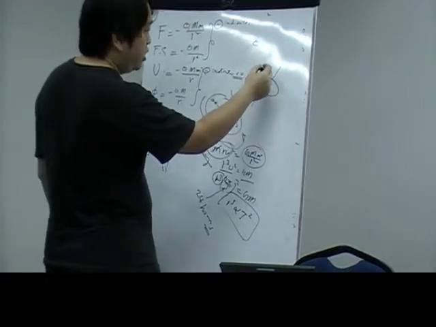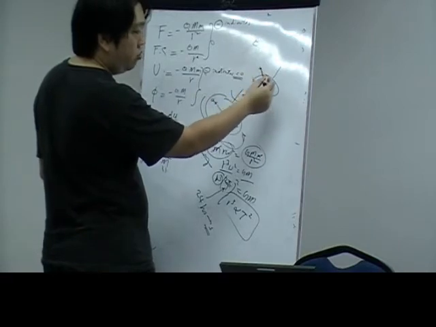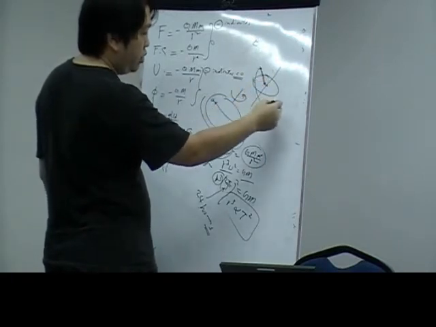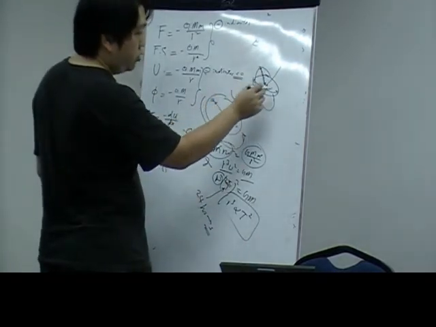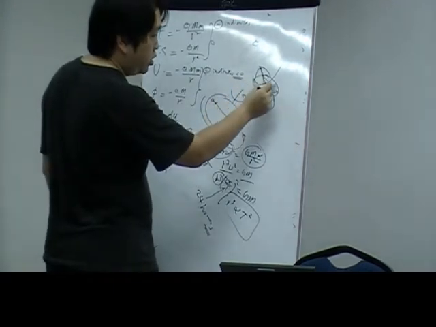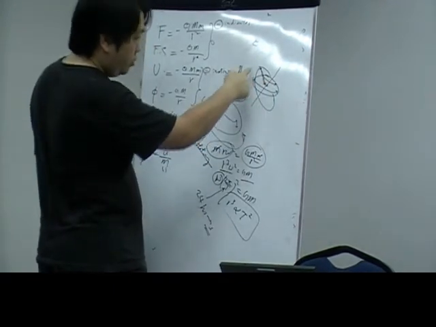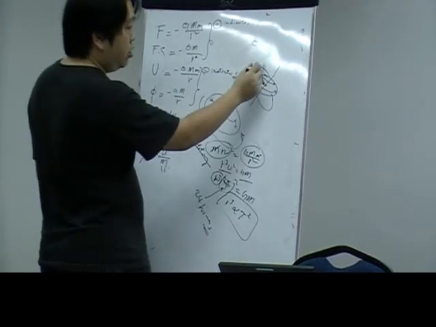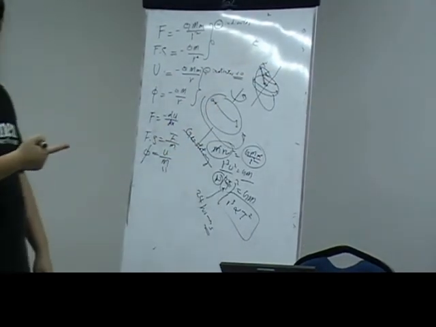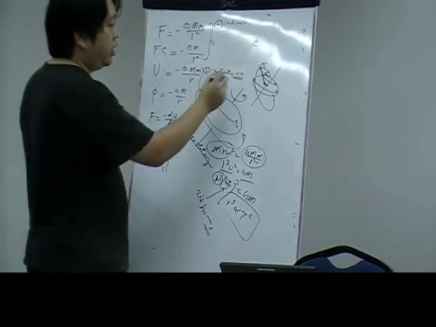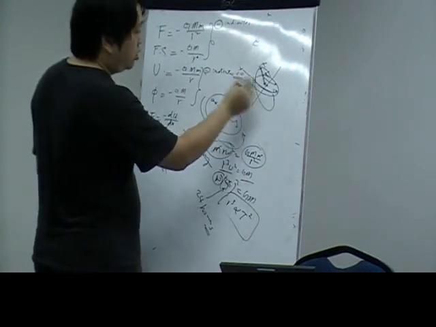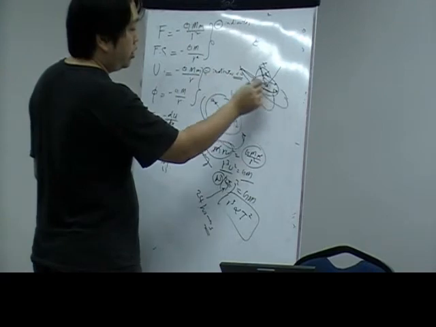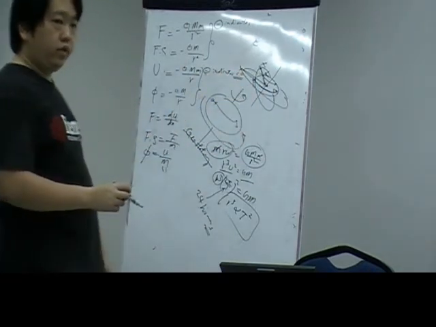So if the gravitational force equals the centripetal force, the rotation of this object will be in this way, which is not along the direction of the Earth's rotation. The country rotates in this way, but my object rotates in that way. Therefore it cannot be geostationary. The only possible geostationary object is one on the equator: the country rotates this way, your force is this way, so you also rotate this way. That's the reason why your object must be over the equator.